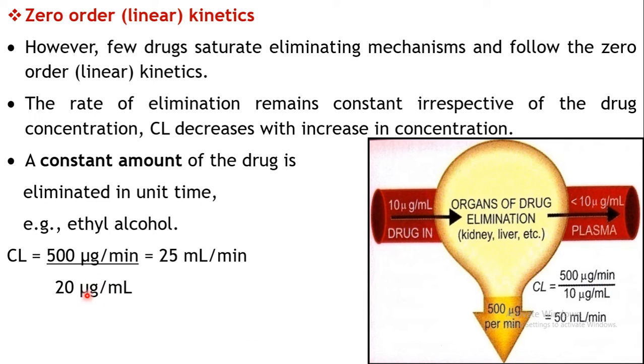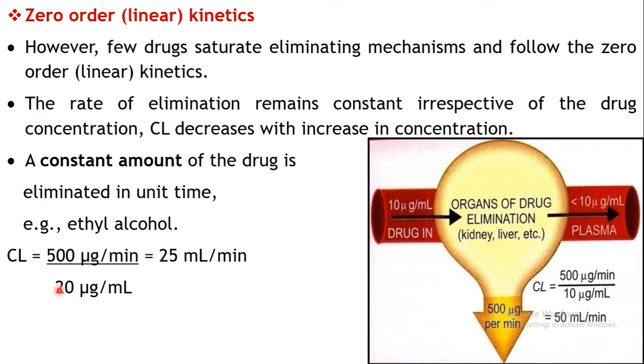Now when I double the plasma concentration to 20 micrograms per ml, what has happened to your rate of elimination? Has it changed? No. In the previous case where first order kinetics was followed, it doubled when the plasma concentration doubled. But in this case it is not changing, it is remaining constant. So it does not change with the change in plasma concentration.